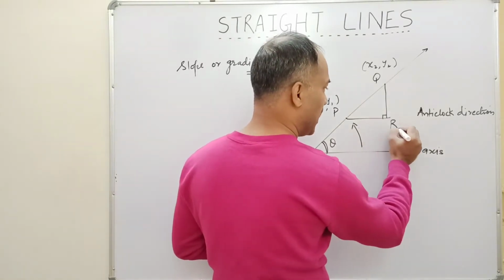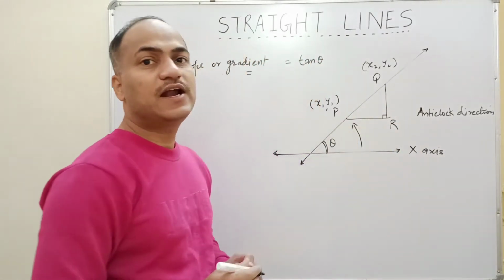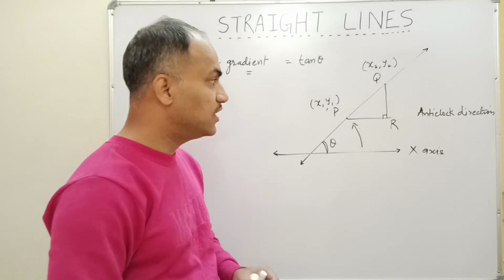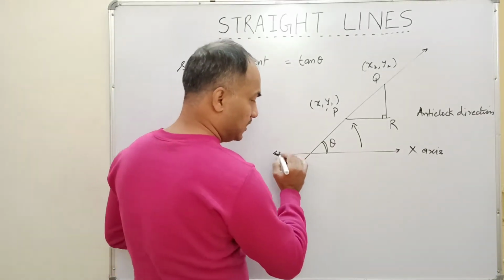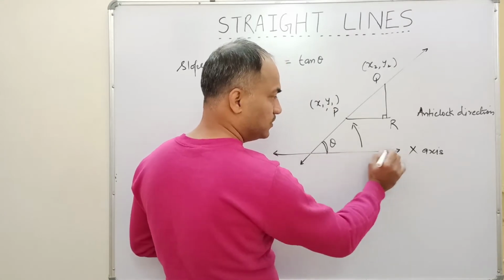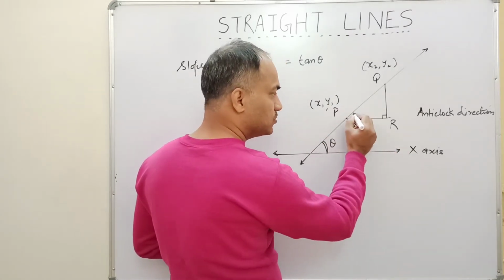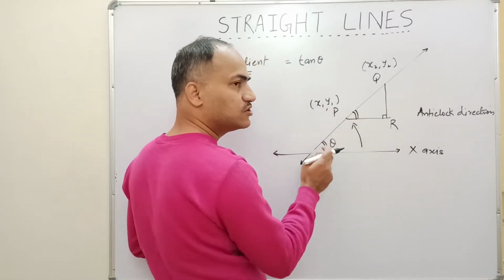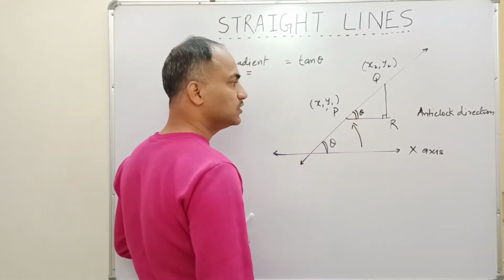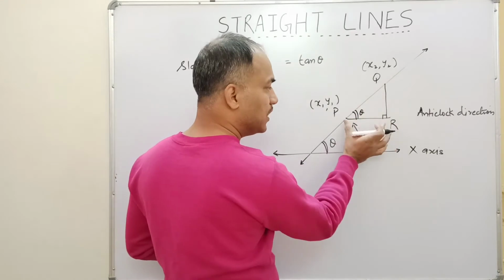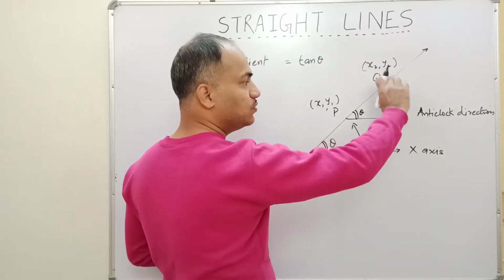So this triangle is a right angle triangle. And this x-axis, obviously this is also parallel to this, so this angle will be corresponding angle, so this will be equal theta. Now in this triangle, can you find PR and QR?